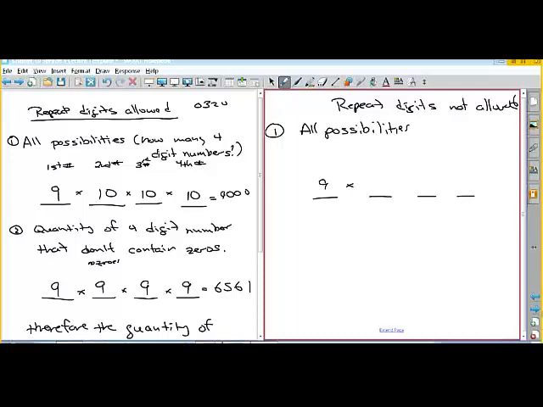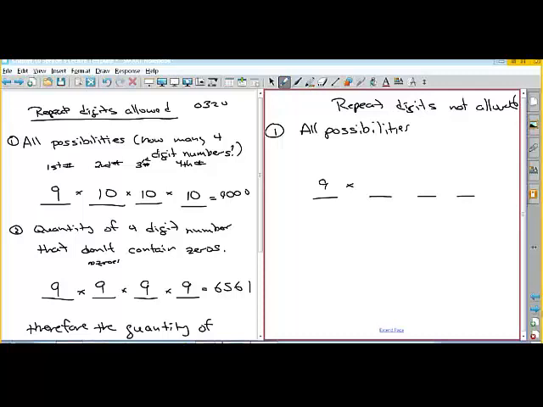Now, how many possibilities do I have for the next one? Do I still have 10, or do I have less than 10? We could use any number, but if, let's say, we used 9, we can't reuse 9 now. So the 10 would become 9.